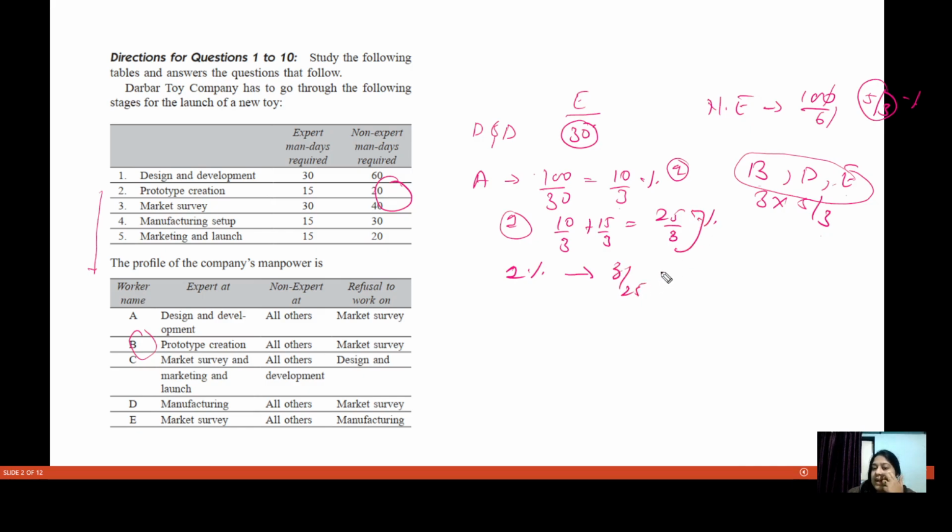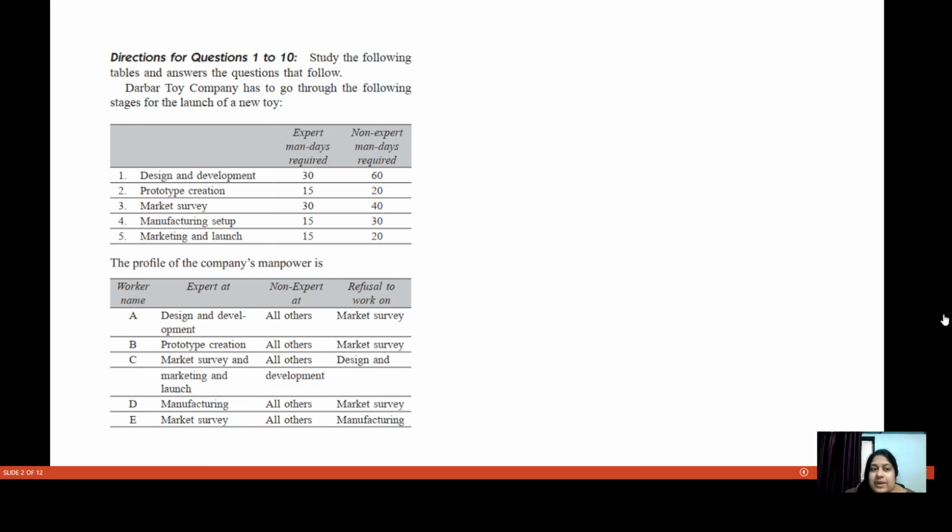So 3 by 25 days. Okay, and 100% of the work will be done in how many days? 3 by 25 into 100, that means 12 days. Okay, because this will come 4, so this will come to be 12 days. Okay, fine. So now we know that using expert man days plus non-expert man days, we are able to do this work in 12 days.